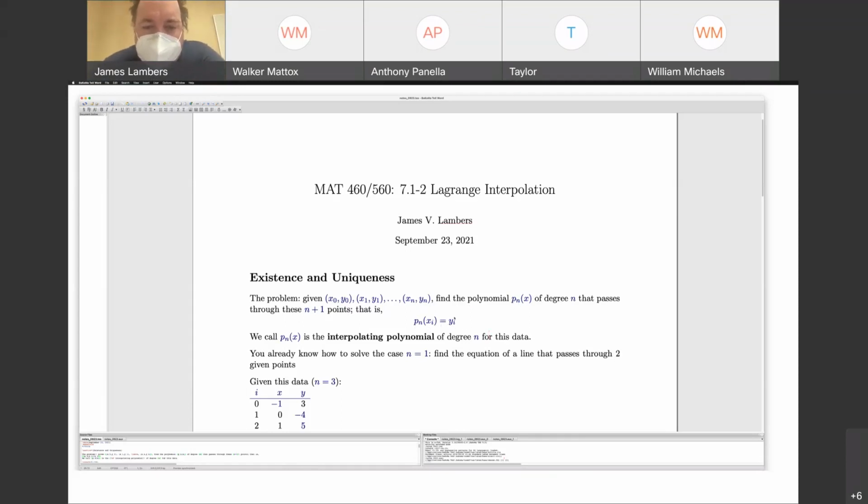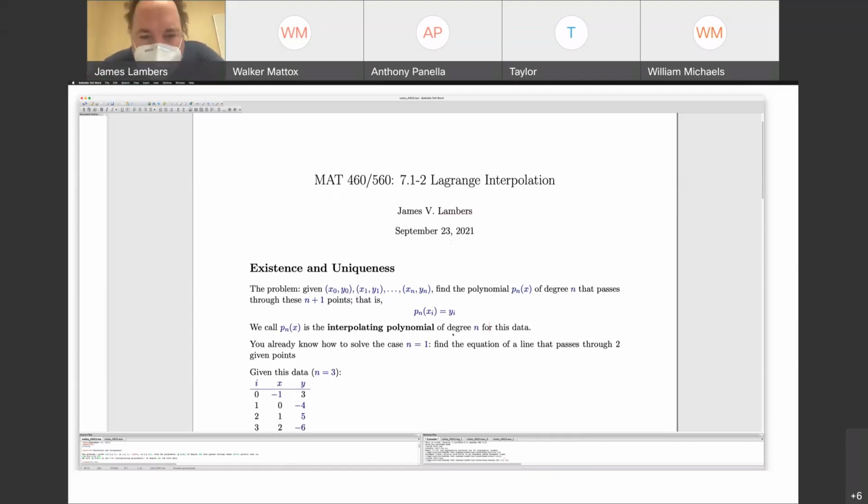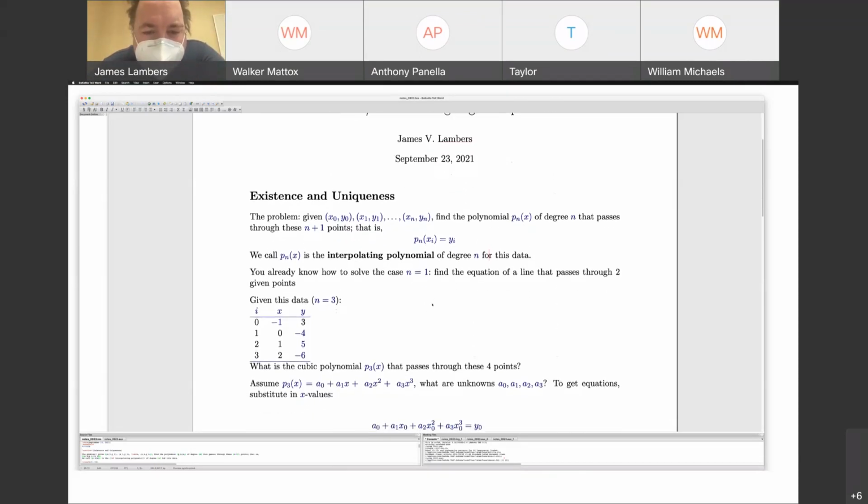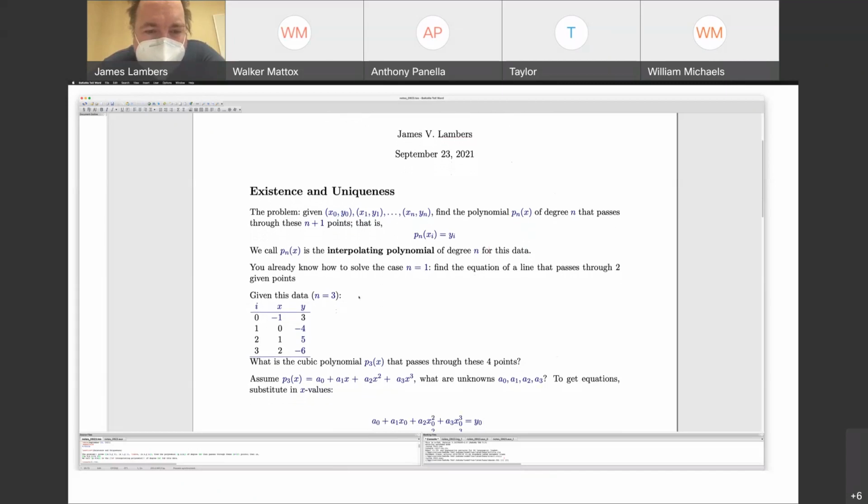So Pn is called the interpolating polynomial for this data. Like I said, if n equals 1, you already know how to do that. As an example, if n equals 3, we have these 4 points that we'd like to fit. So what's a cubic that passes through them?